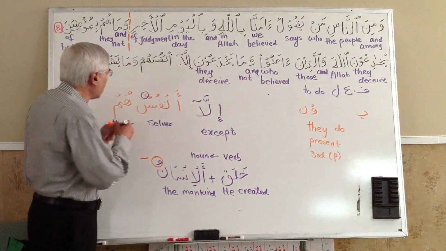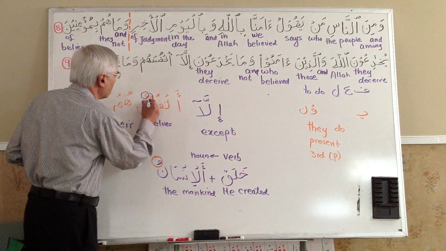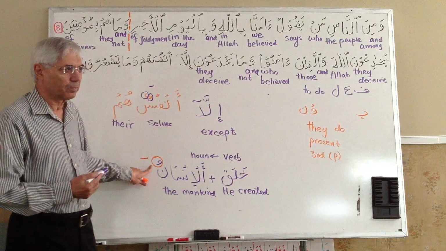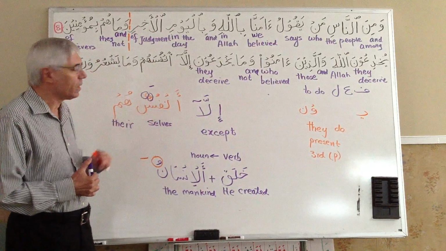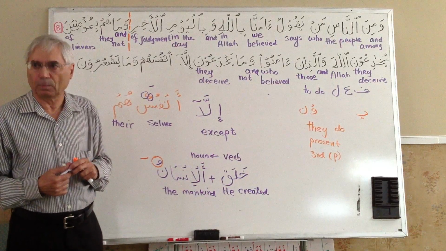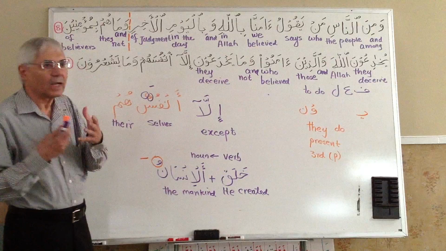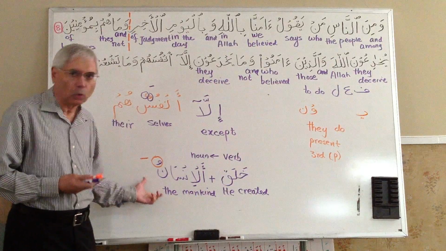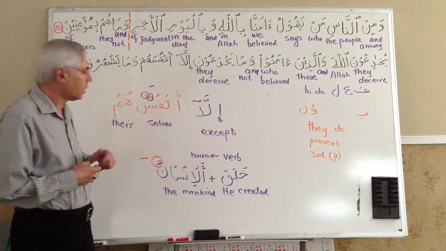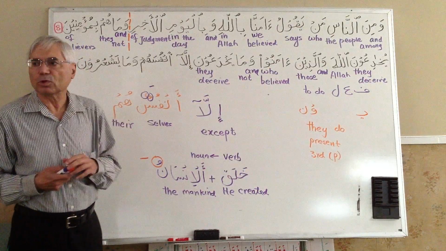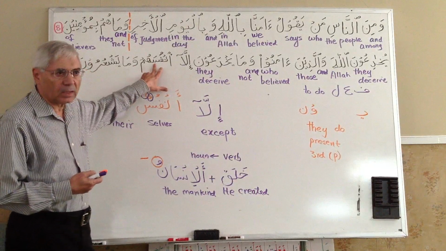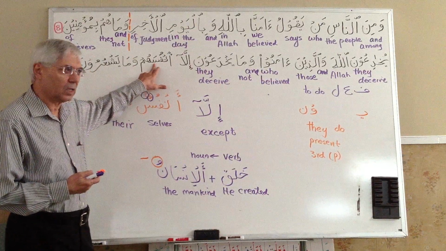So this dhamma here will change into a fatha, just like this one. So instead of anfusuhum, it will be anfusahum. The word is anfusu, just like insano, but it's coming after the verb, so it will be anfusa. So that's the word in the Quran, in the ayah, anfusa.